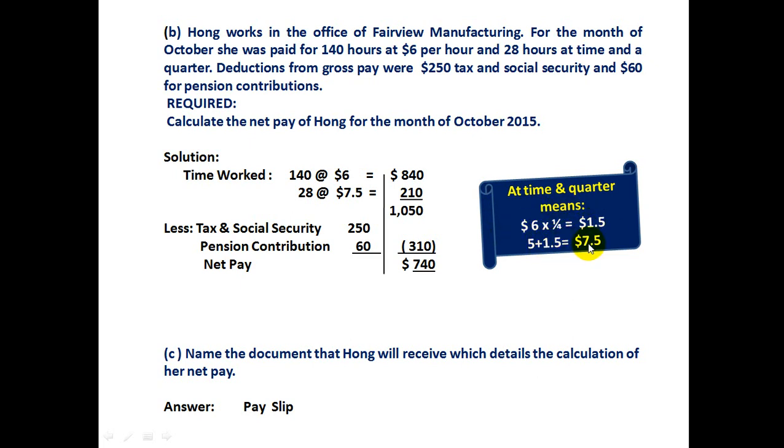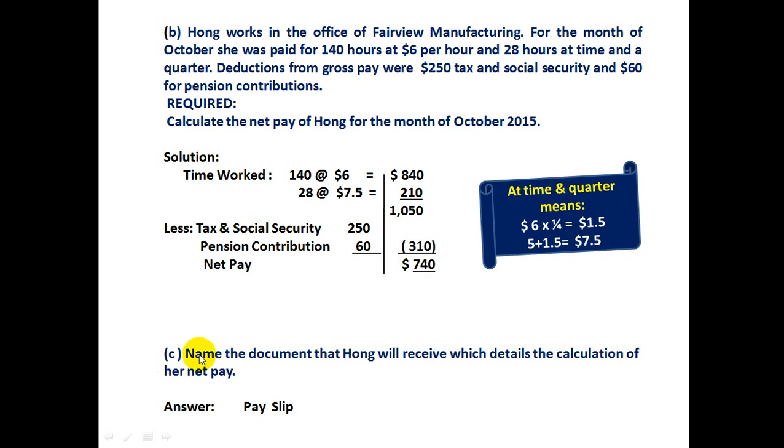It means she is paid $7.5 per hour for these extra hours. After calculating her salary for 28 hours, we got $210. Altogether she is paid $1,050 as her pay. These are the two deductions from her pay, $250 tax and $60 pension contribution. These two will be deducted from her pay and finally her net pay is $740.